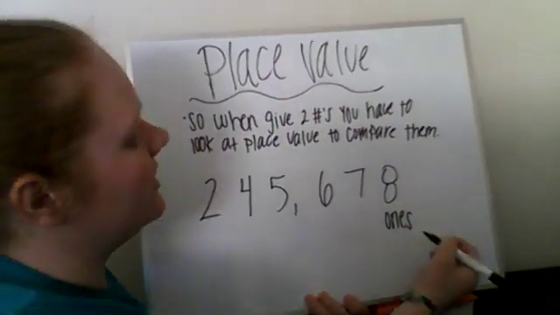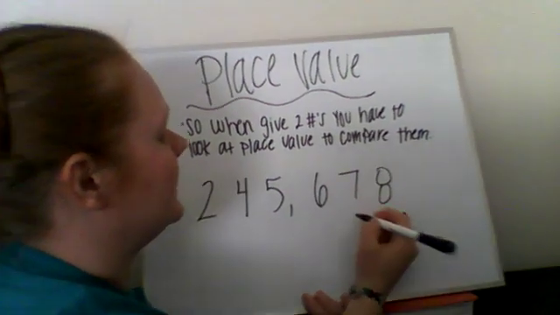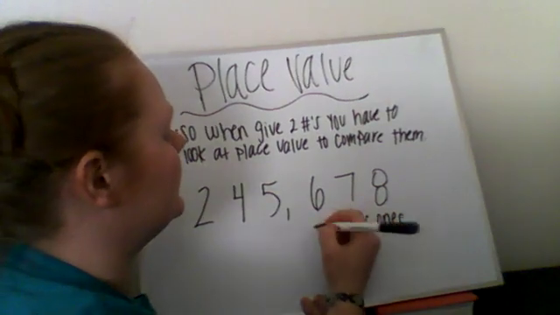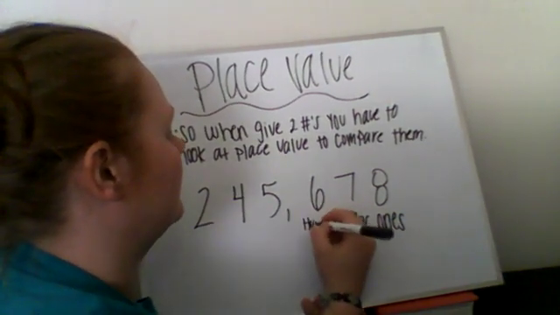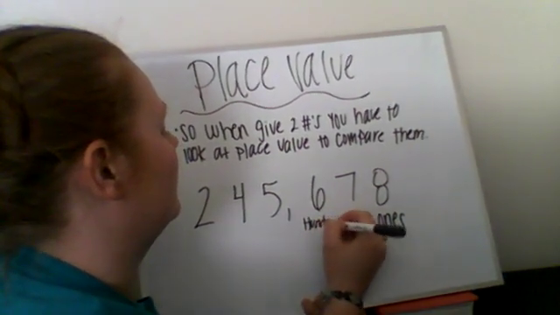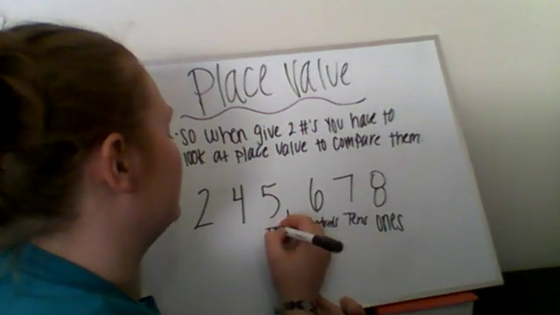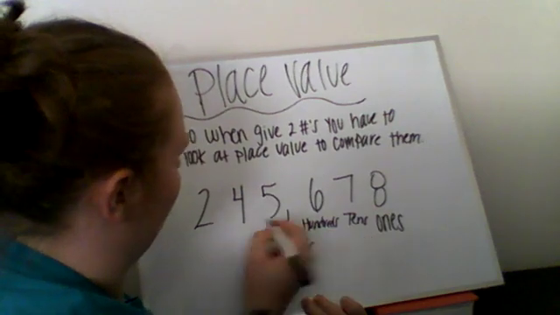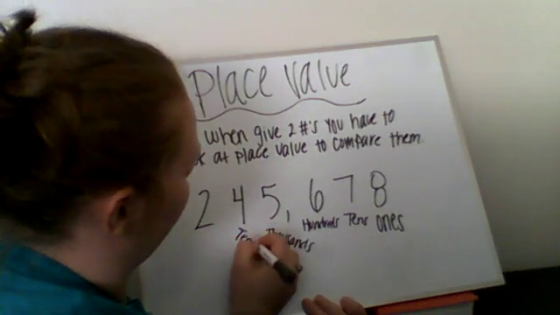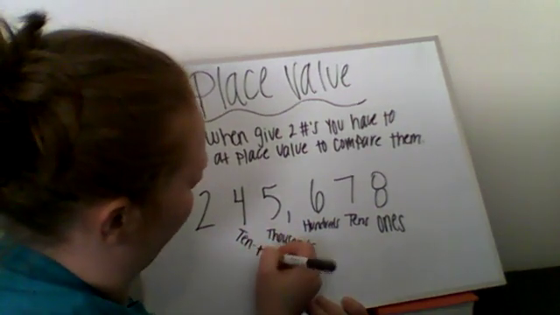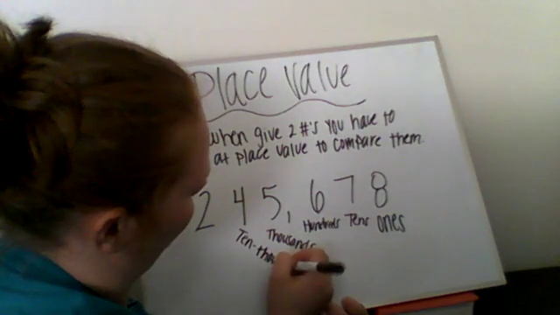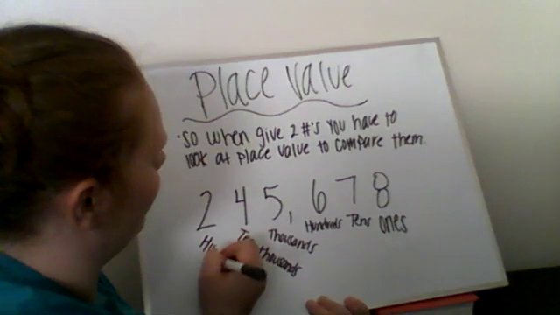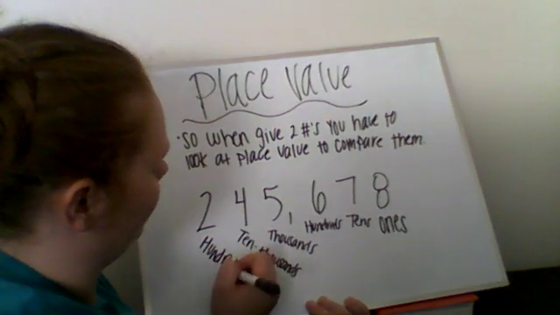Then what comes after ones is tens, then hundreds, then thousands, then 10,000s, and then 100,000s. And that's where we deal a lot with our numbers in fourth grade.